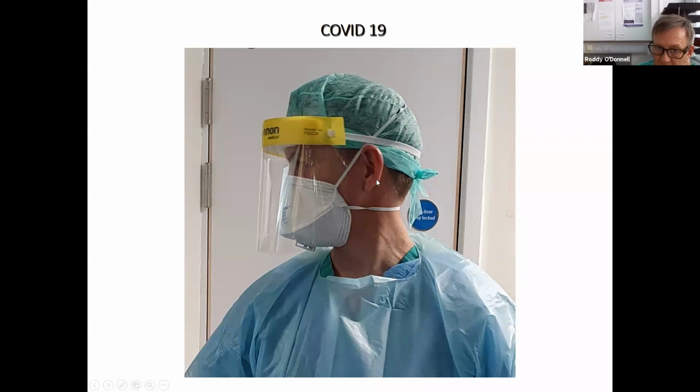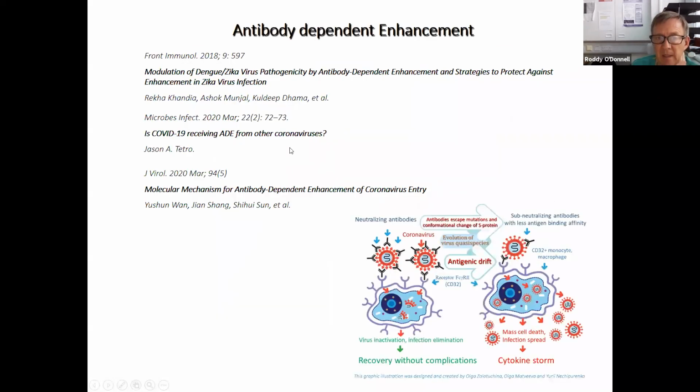And then we come to COVID-19. So why are people worrying about vaccination of children with COVID-19? Well, there have been a lot of studies on viruses from the same Baltimore group, dengue and Zika, which cause inflammatory syndromes, multi-inflammatory syndromes.